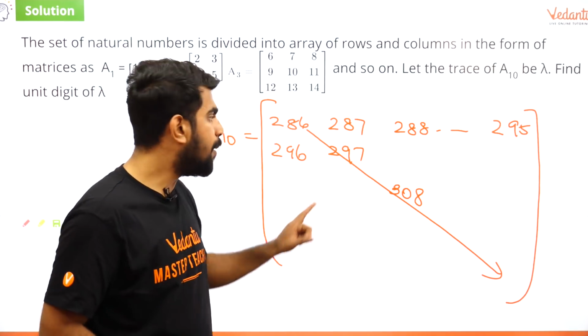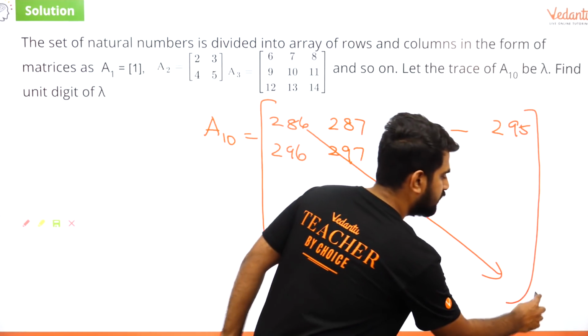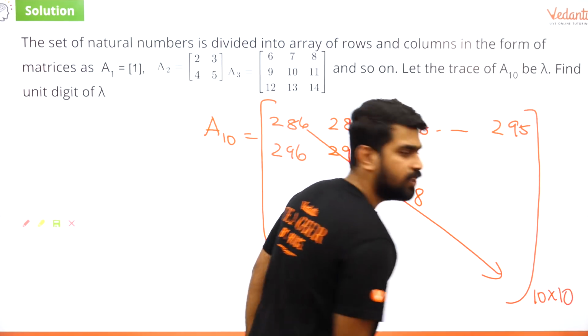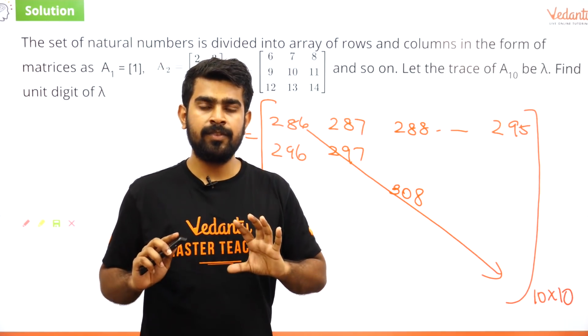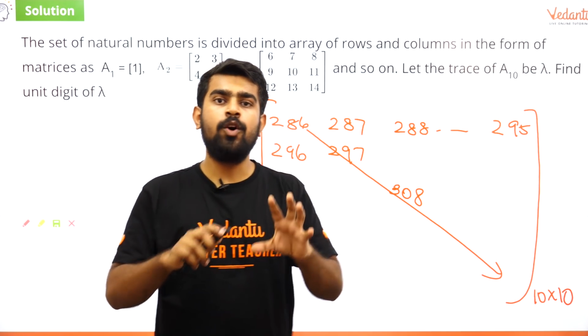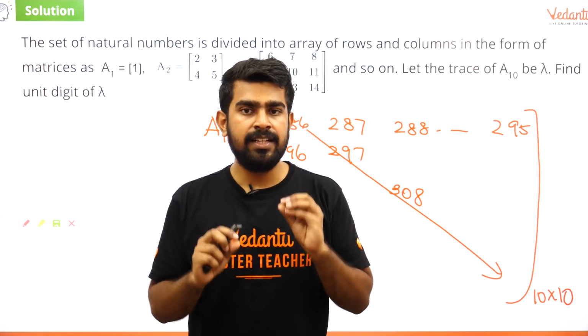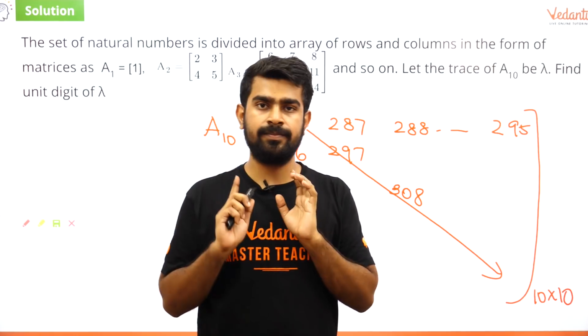Perfect. So now, how many terms will be there? This is nothing but a 10 cross 10 matrix. So the number of elements in my diagonal will also be 10. So my AP has starting term as 286 and overall it has 10 terms. And the common difference is going to be 11.